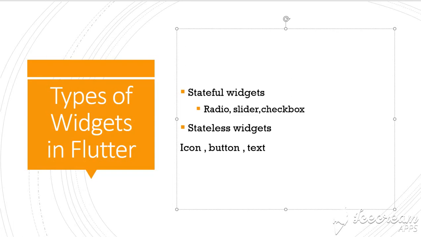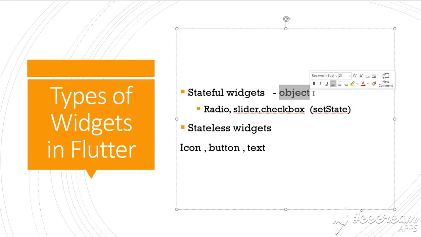It will change its state, and there is a function called setState that will be called every time to set the state of the widget after the user interacts with these widgets like radio and slider, etc. The state of these widgets is actually stored in a separate object, which is called the State object, and setState sets the state of this object, and the state of this object is different from the appearance of these widgets.